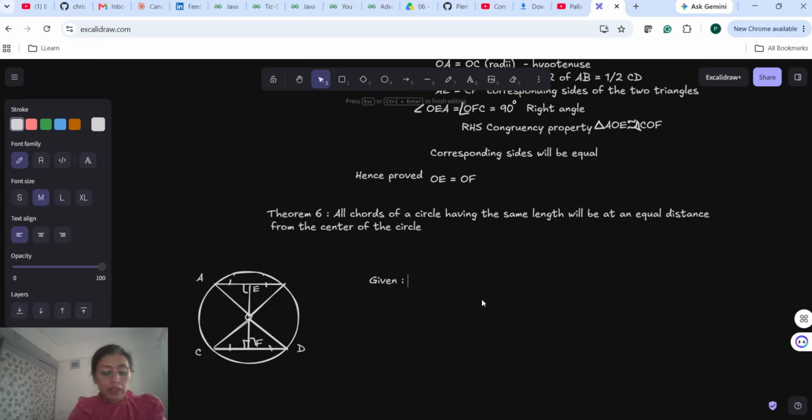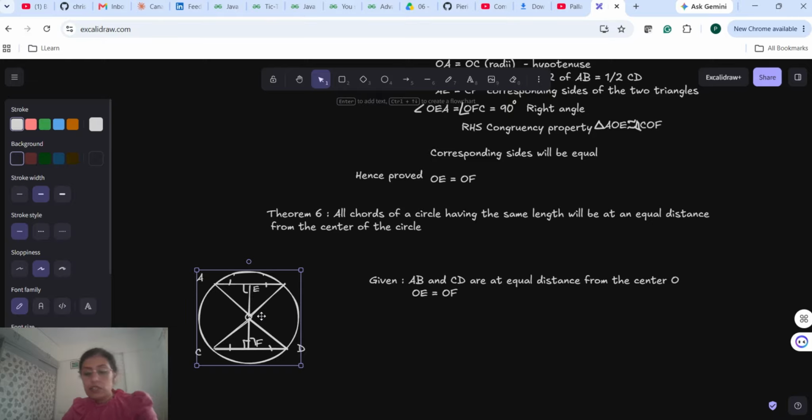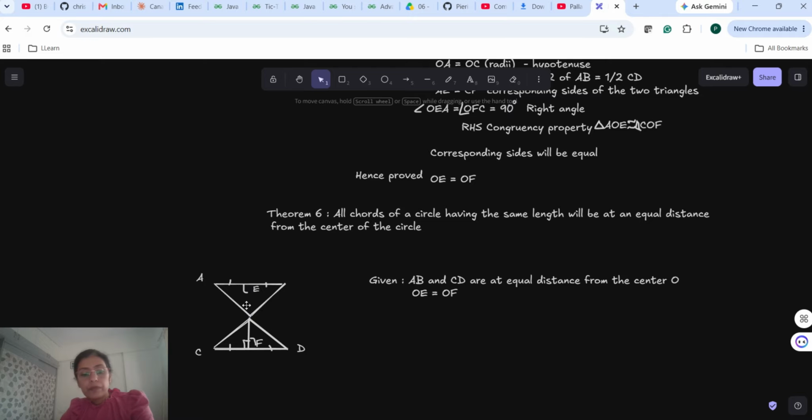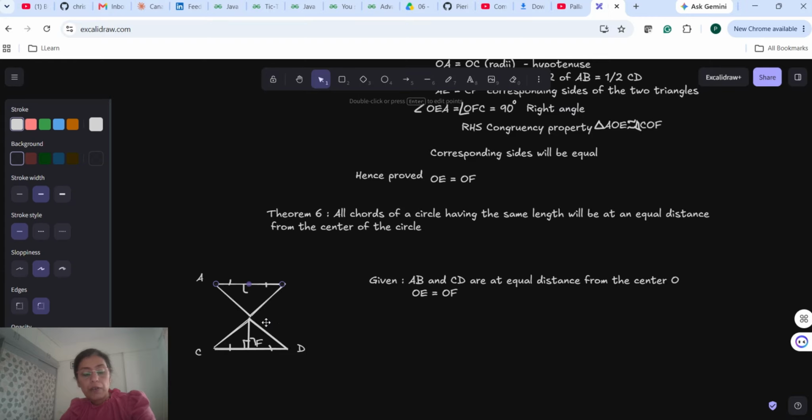Here we will be given that AB and CD are at equal distance from the center, which means the center is O, which means that OE is equal to OF. This is given to us. Okay, let me just remove it, let's make a fresh one.